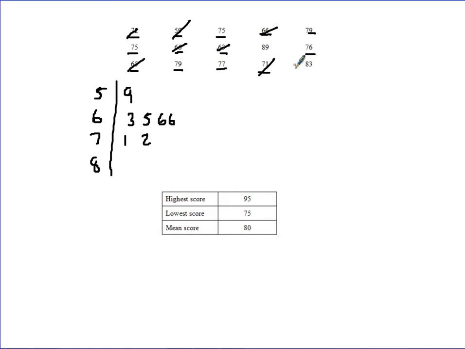Any 3s? No. Any 4s? No. Any 5s? Yep. 2 5s. Any 6s? Yep. Any 7s? Yep. Any 8s? No. 9s? Yep. 2 of them. And then finally we've got an 83 and an 89.